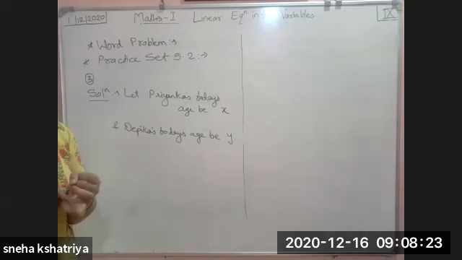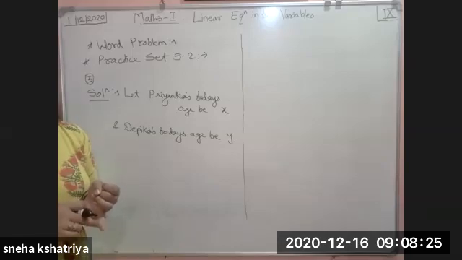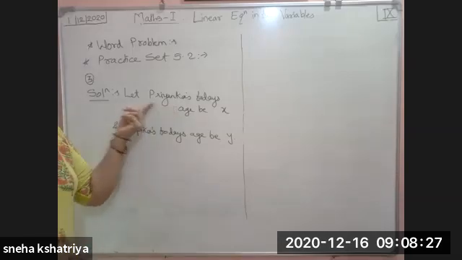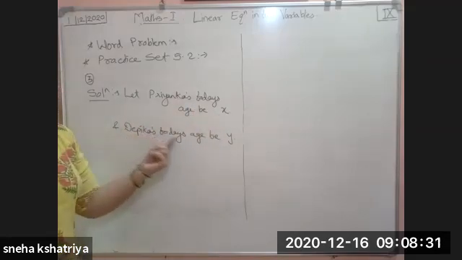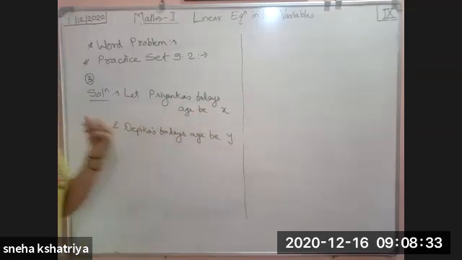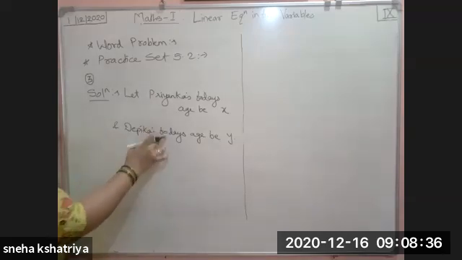Find their today's age. Today's age we have to find out. So I have written here that let Priyanka's today's age be X and Deepika's today's age be Y. So this was the supposition we have made.